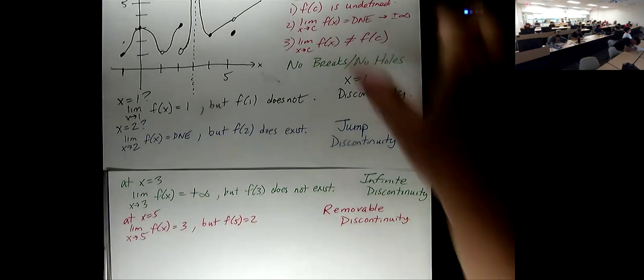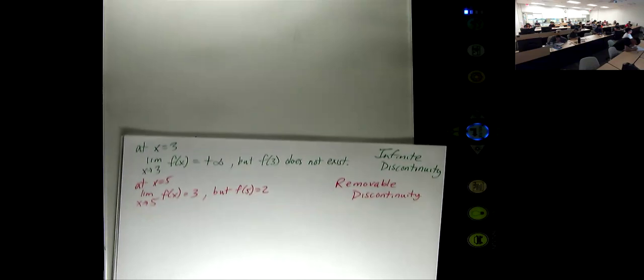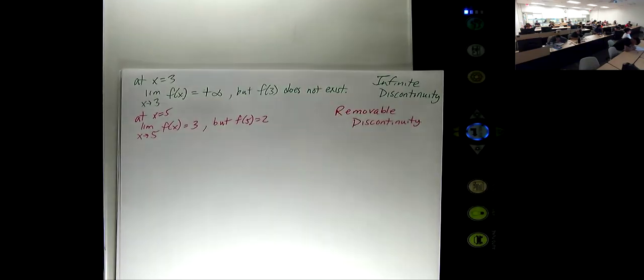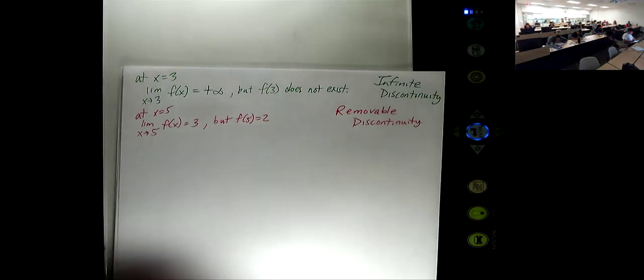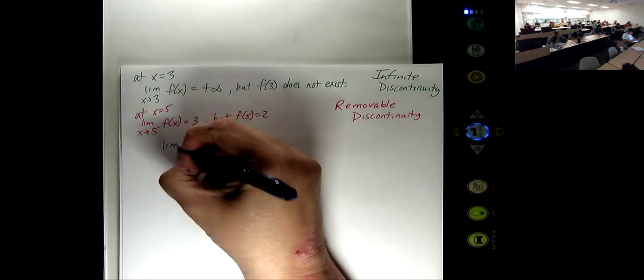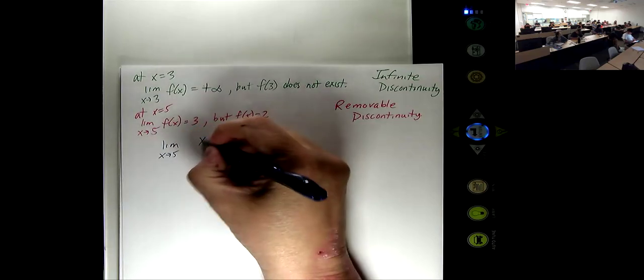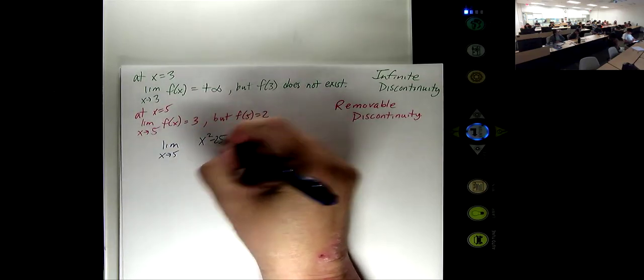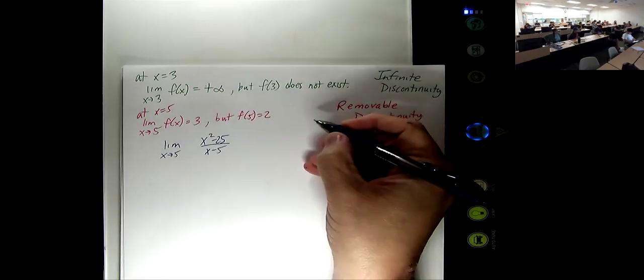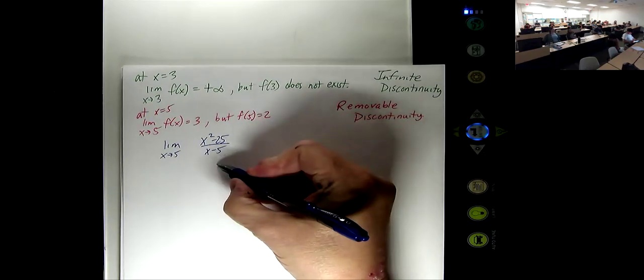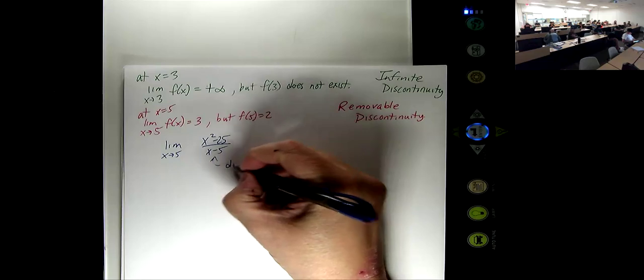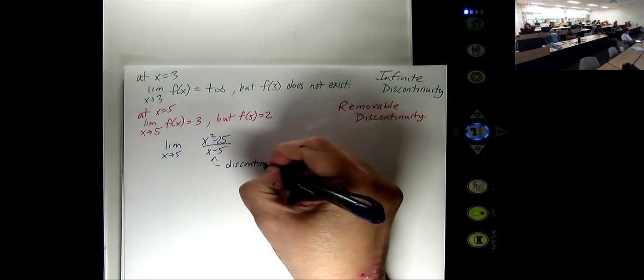This removable one is worth seeing where it shows up. I don't know the actual equation that was used to generate it, but like the limit as x approaches 5 of x squared minus 25 over x minus 5. It's clearly discontinuous here, discontinuous at x equals 5.